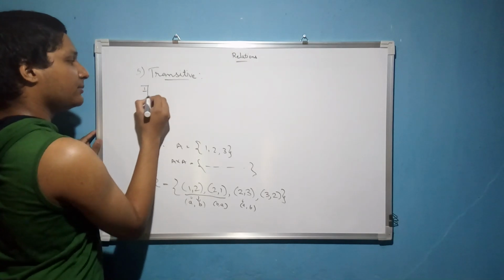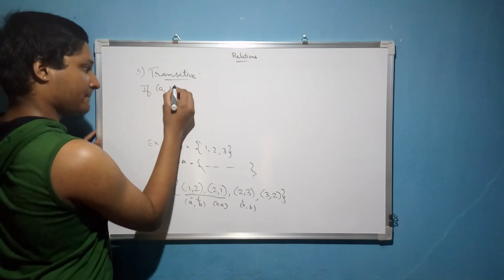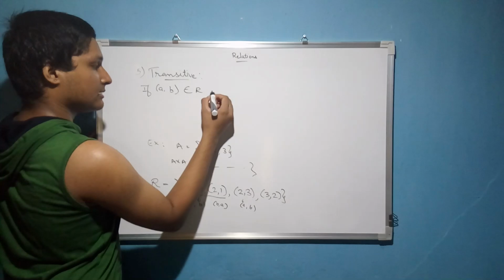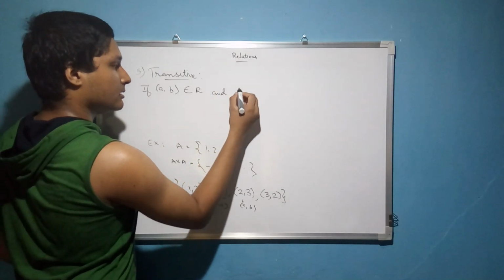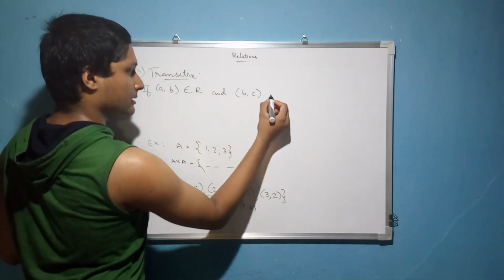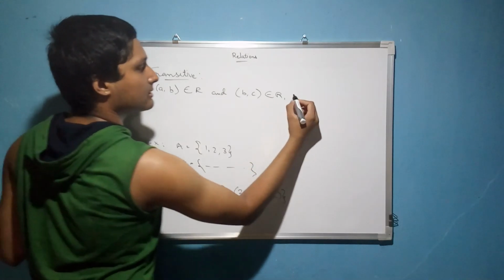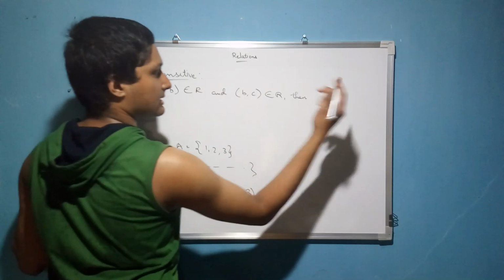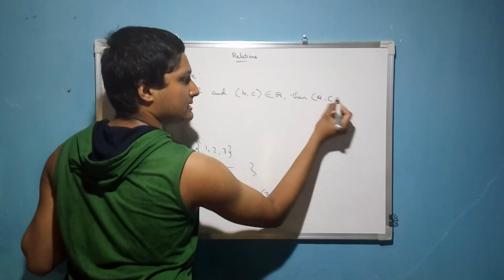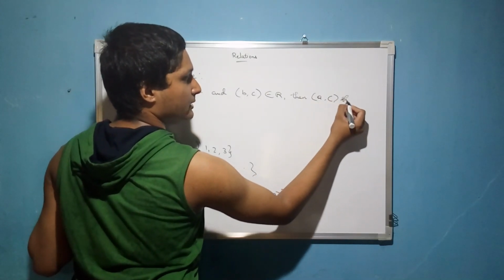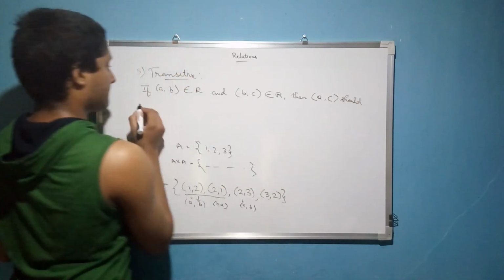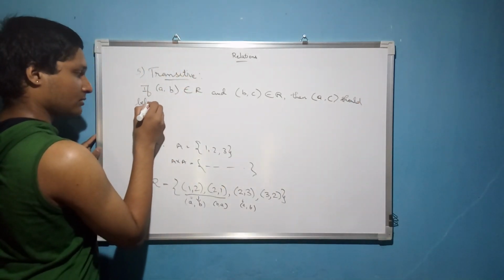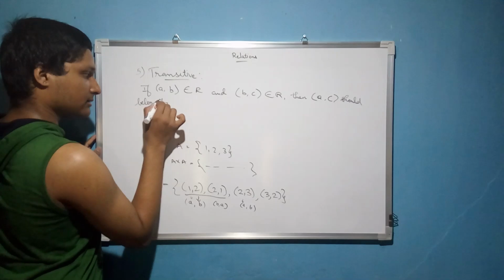If (A, B) belongs to the relation R and (B, C) belongs to relation R, then (A, C) should belong to R.